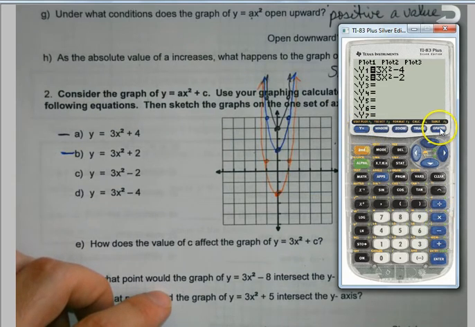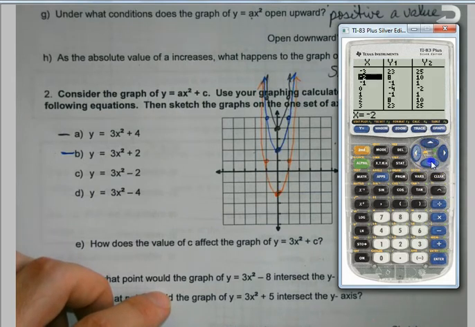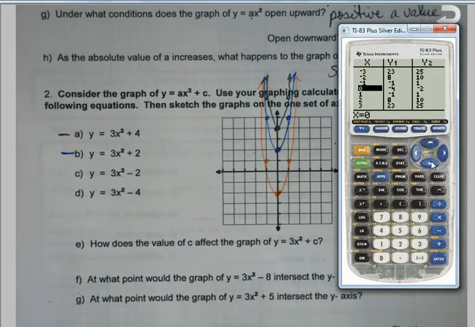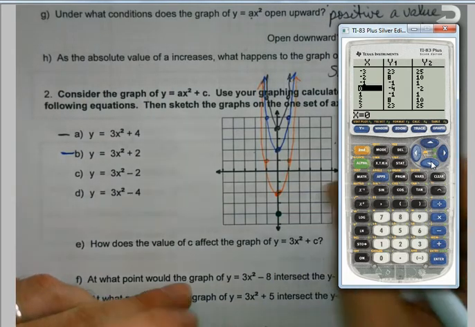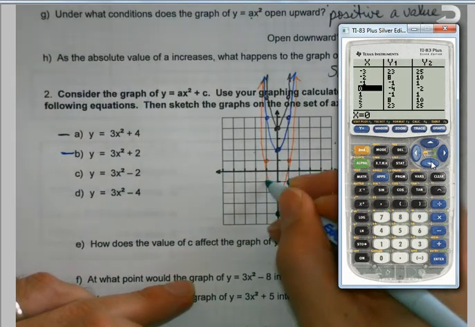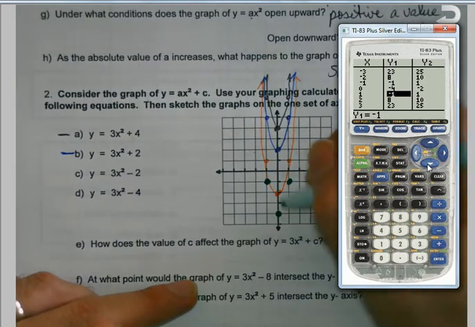If I go to minus 4, yeah, it went down a little bit further. So my 0, negative 4 comes down to here. And again, I get my other 2 points at negative 1 on both sides.